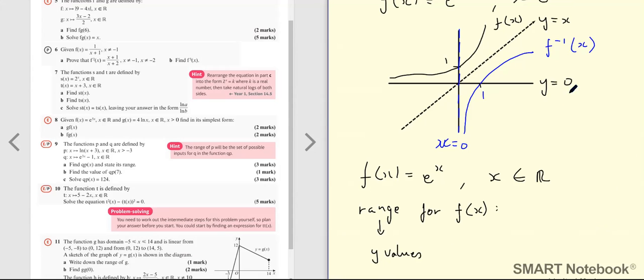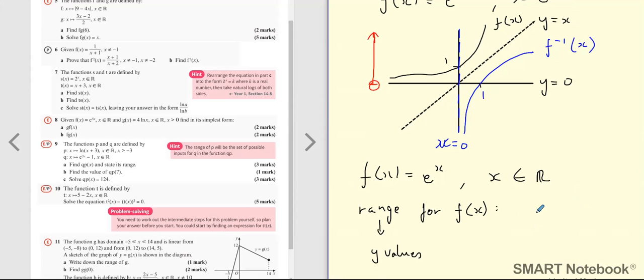If you think about y values, we are looking at the height of the black line because we've sketched f of x. What is the lowest height of the black line? Well, we've got an asymptote at y equals 0. So above that, we can draw a hollow circle there and it goes up forever on that side.